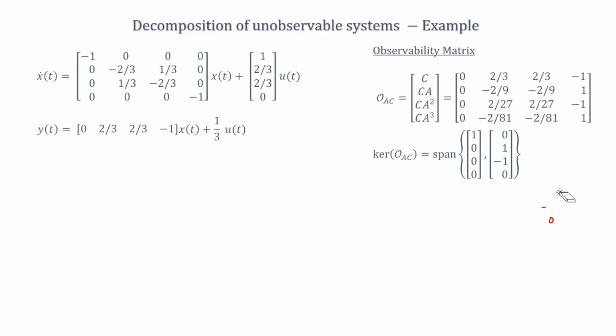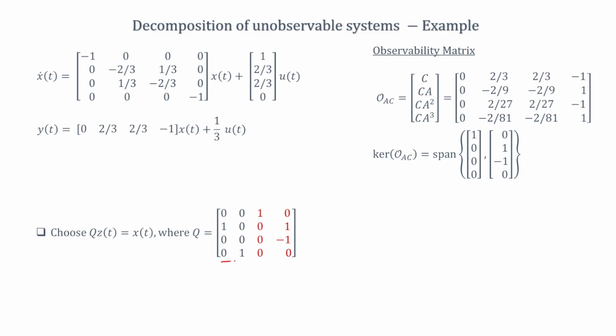So these can be considered as a basis for the kernel of OAC. Now once we have the basis for kernel of OAC, I can create this Q matrix taking the last two columns as the basis of kernel of OAC, and in the first two columns I am choosing these arbitrarily such that this matrix is an invertible matrix. Now if we do so, let's see what happens.